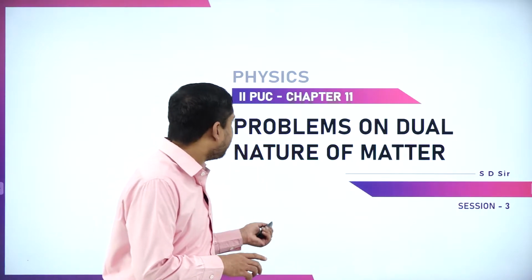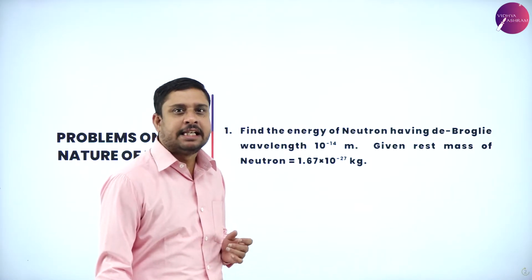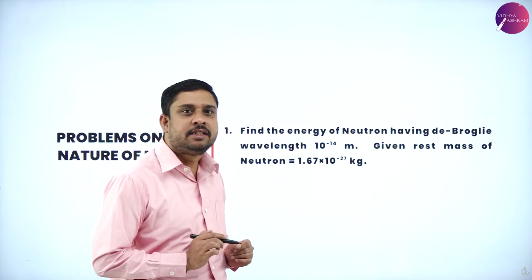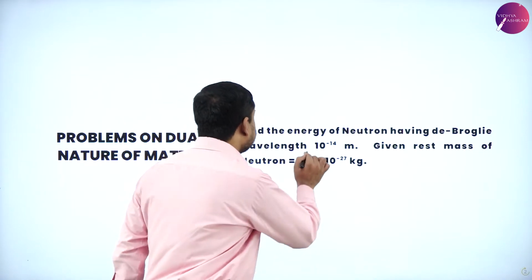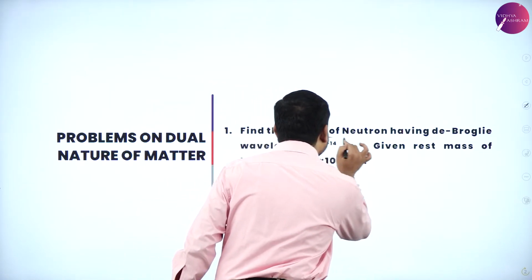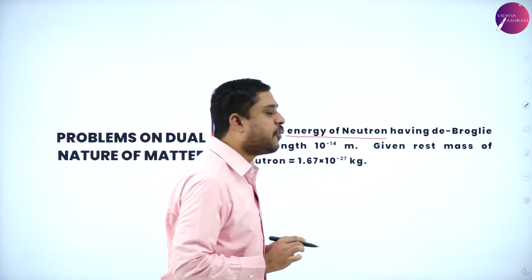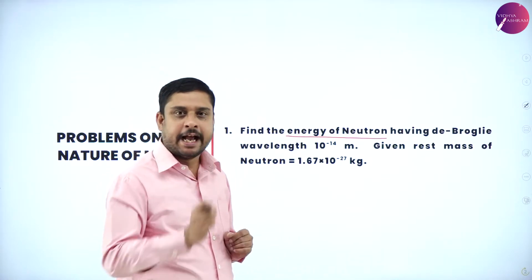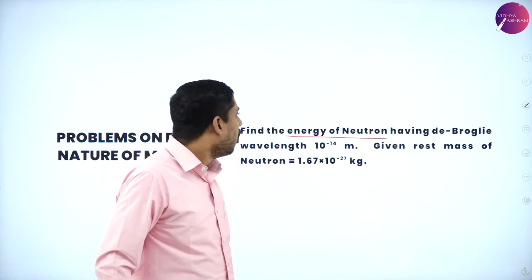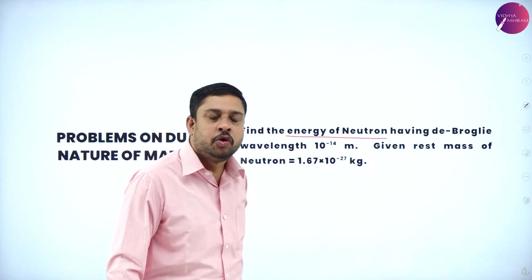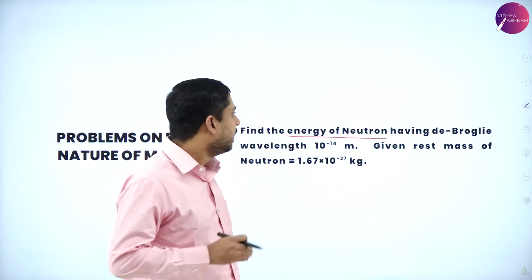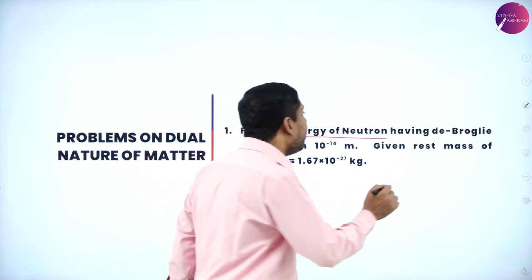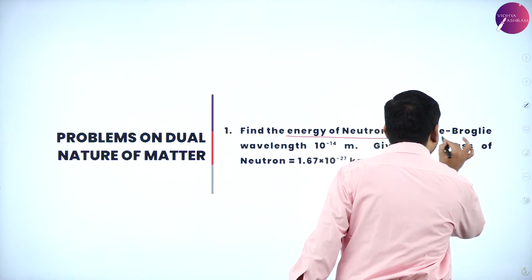I expect that you have gone through the sessions, you have practiced the problems and come prepared for today's class. The first one. The problem says I have to find the energy of a neutron having de Broglie wavelength.